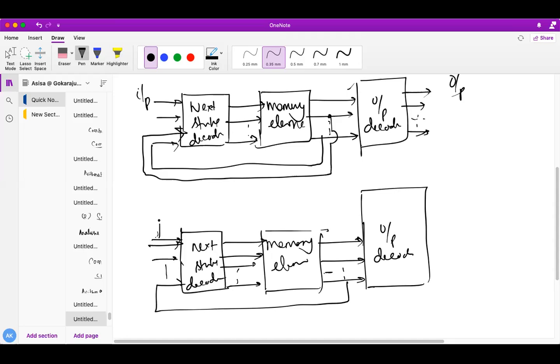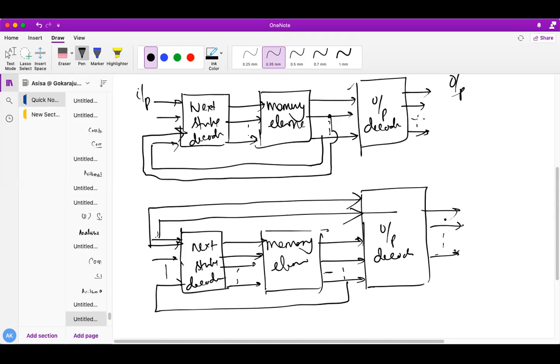And you can see here a few of them will depend upon the input also. That's why we can say the output of the Mealy circuit depends not only on the present state but also on the inputs. Do you all understand?